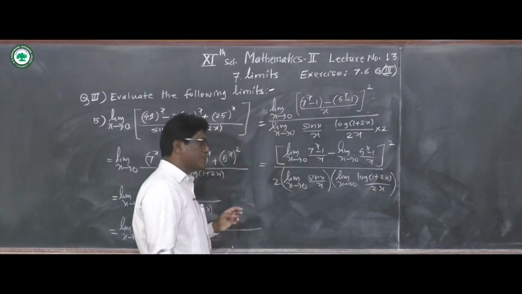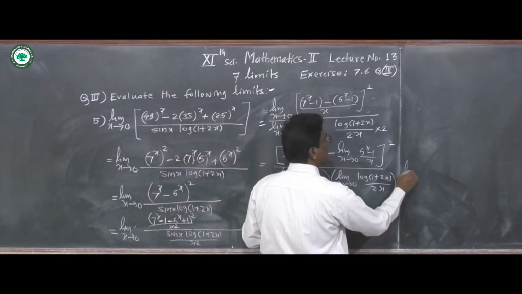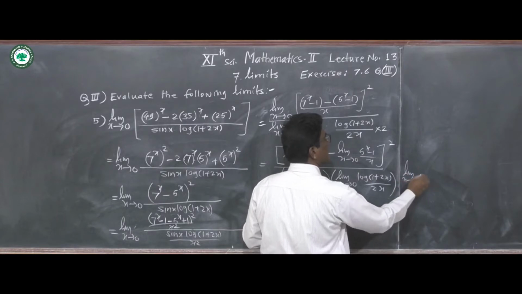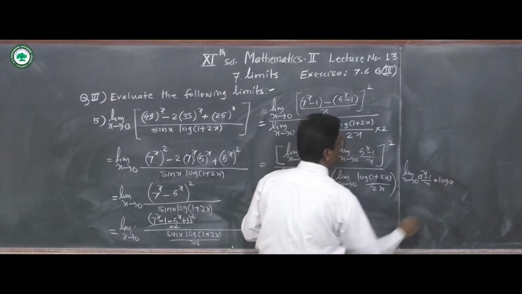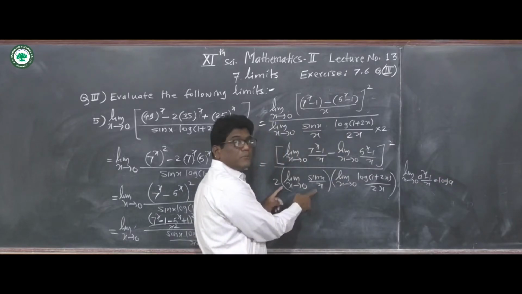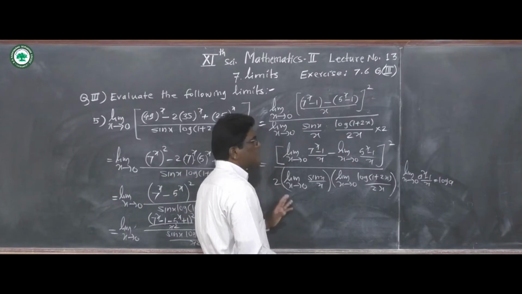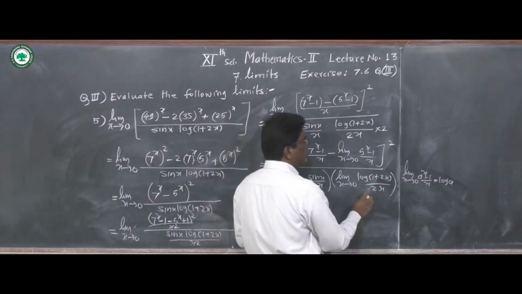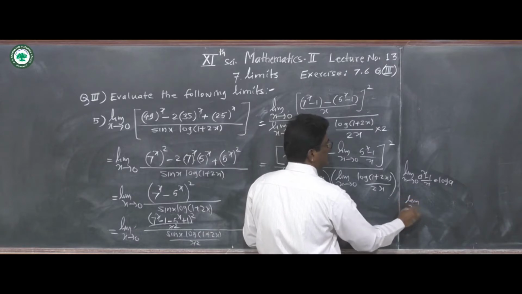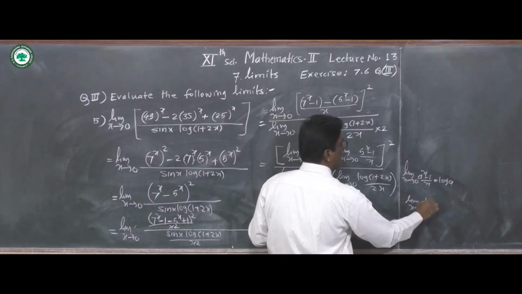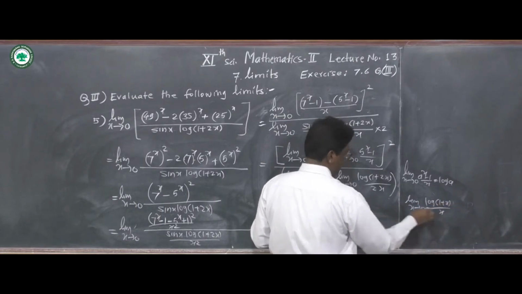And now use the standard formulas. For the numerator we use limit as x tends to 0, a to the power x minus 1 upon x, that is equal to log of a. And this one is the standard formula, limit as x tends to 0, sin x upon x, that is 1. Write that formula also: limit as x tends to 0, log of 1 plus x divided by x.